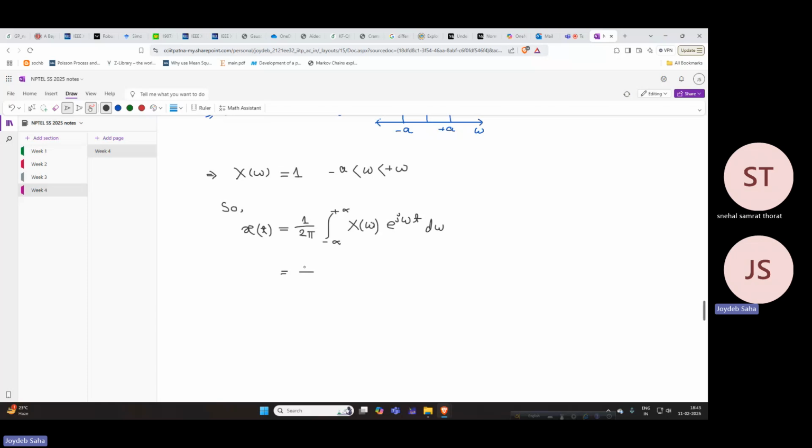So we can write it like 1 upon 2 pi, integral from minus a to plus a, X(omega) is 1, right? So it will be e to the power j omega t d omega.